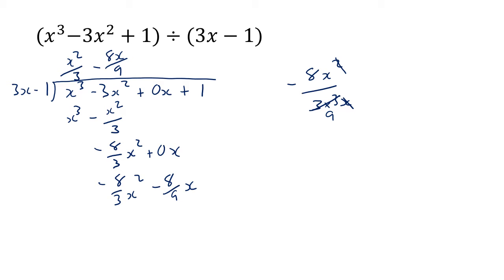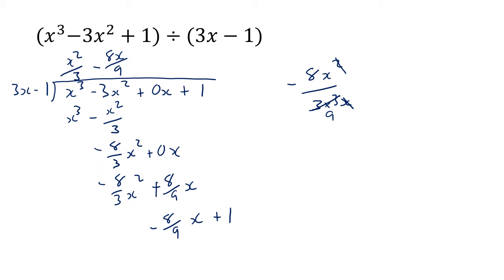And so when you do that, you'll actually flip it over. And so that becomes just 8 over 9x. Oh, sorry, that's a positive. That becomes a negative. Got to make sure that I get that right. Plus the 1, because that was a negative times a negative. That should be a positive. So now it's 0 minus positive 8 over 9x gets us minus 8 over 9x plus 1.